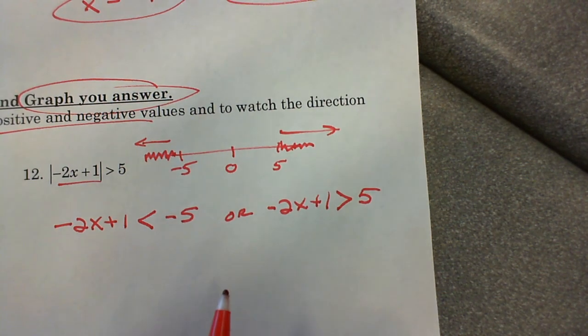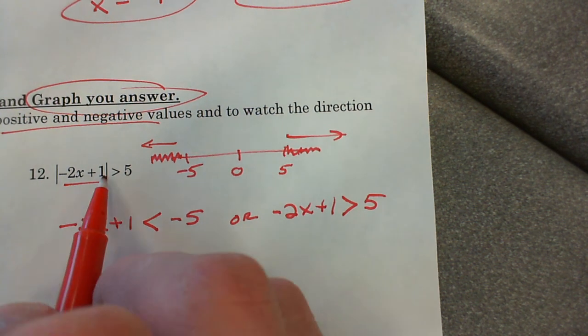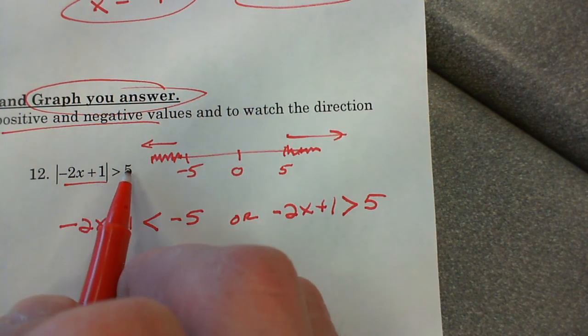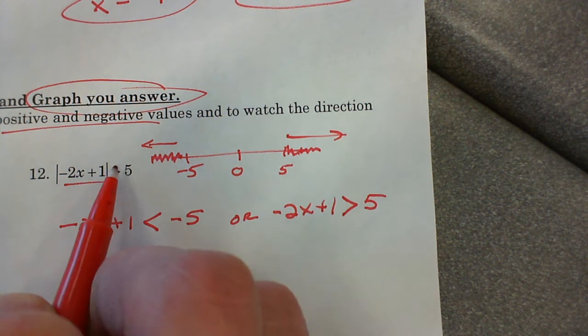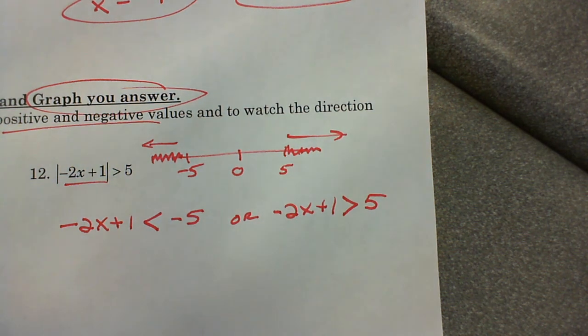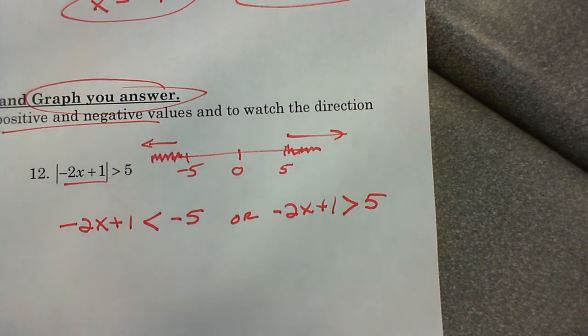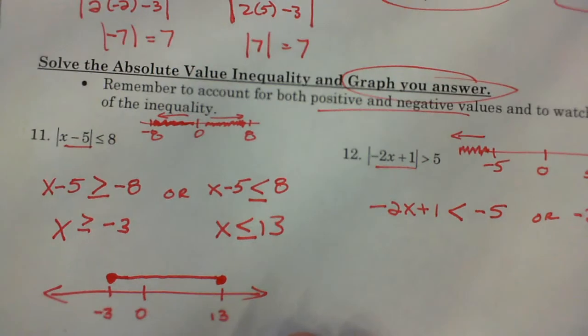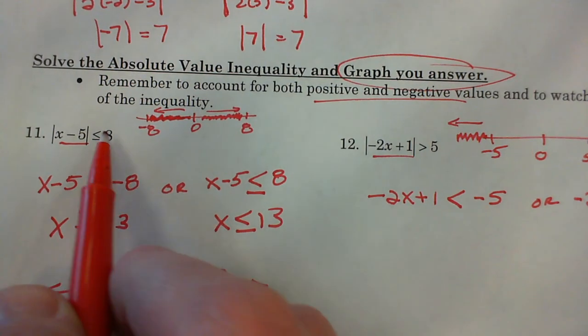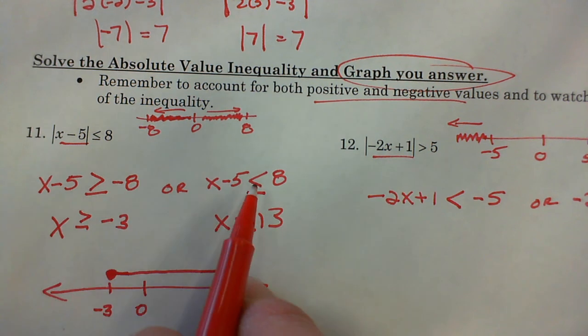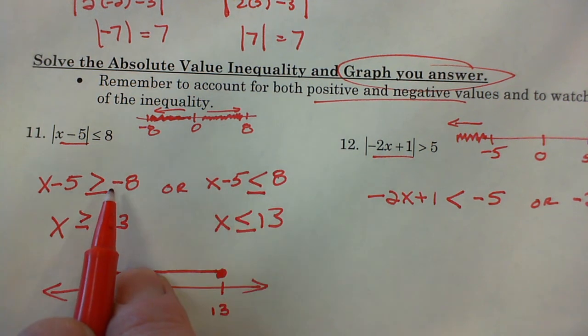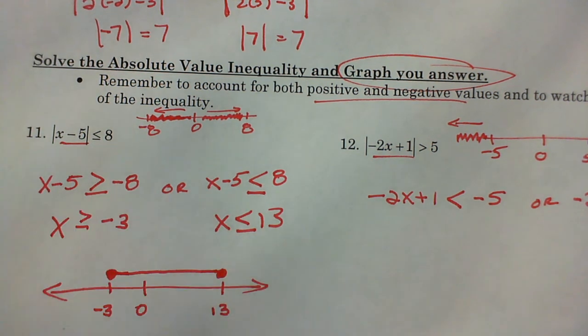Now, what might help as a general rule is the positive case here. When this is a +5, see how this inequality didn't change? Stays the same. When you switch it to a negative, the inequality changes. And that's true in the previous question as well. See the positive case? Inequality stayed the same direction. As soon as we switched to the negative case, it changed direction.